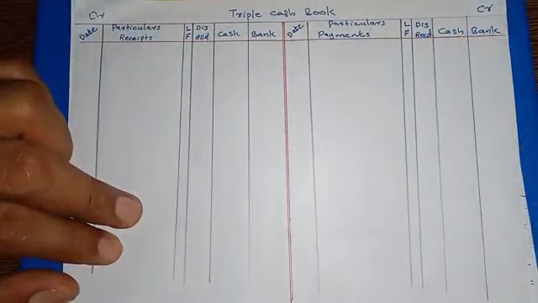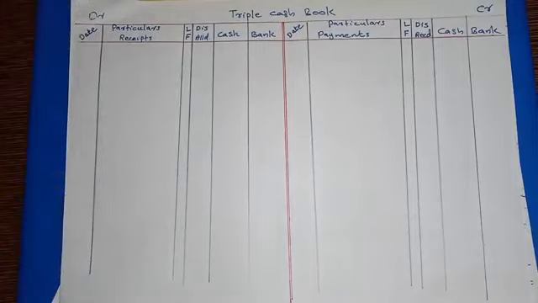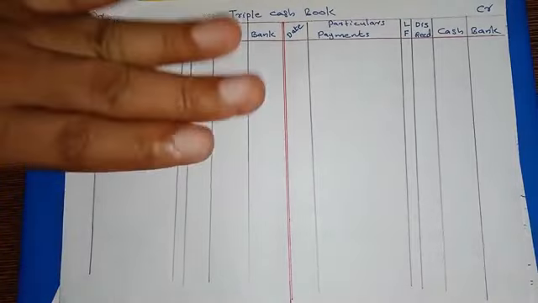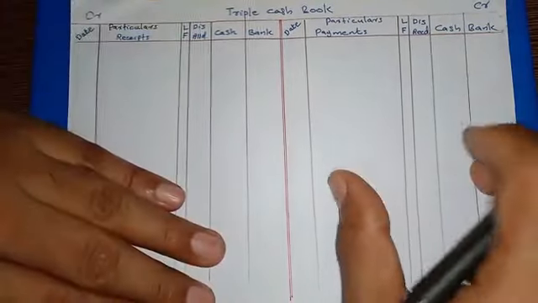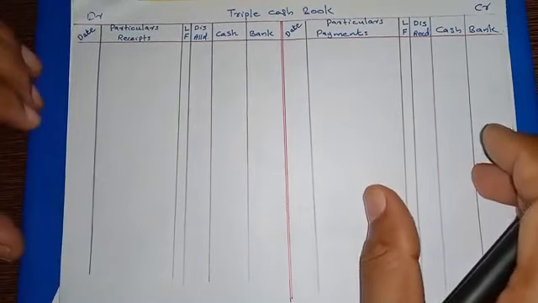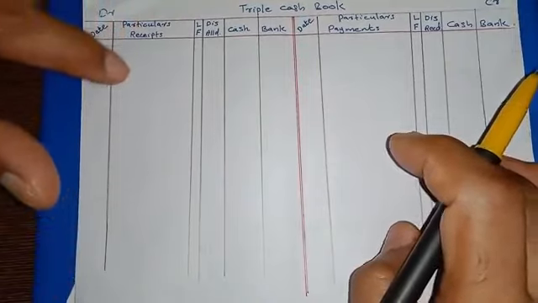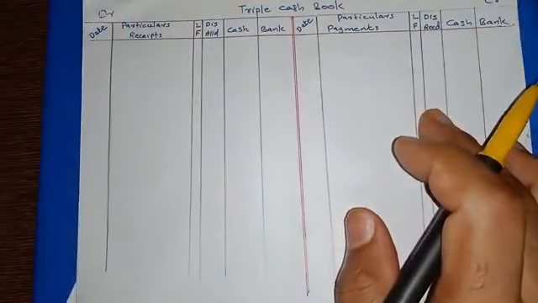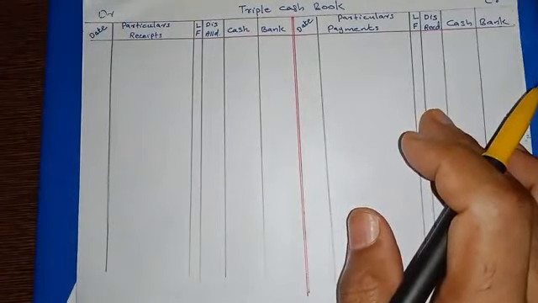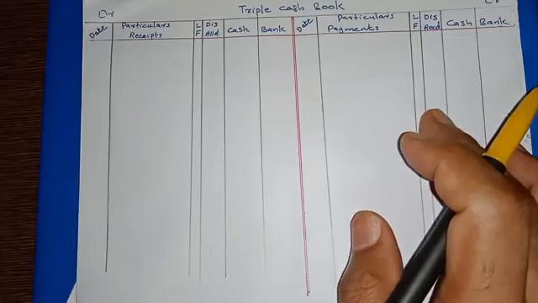And when you are reading the transactions, from the transactions we can understand whether the cash is coming or going. If cash is coming, we take this side, and if cash is going, we take the other side. Okay. And some transactions will come on this side as well as this side. One transaction will come on both sides of the cash book. Those transactions are known as contra entries. Contra means opposite.